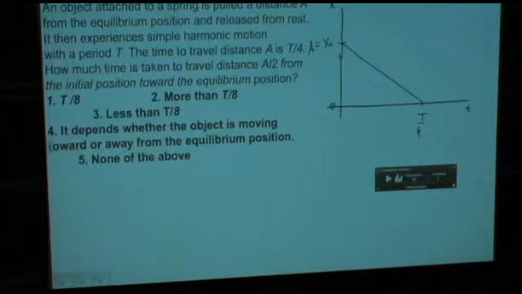So we have names. We have a motion with constant velocity, motion with constant acceleration, uniform circular motion, free fall motion, and simple harmonic motion. So which name should we use for this graph?